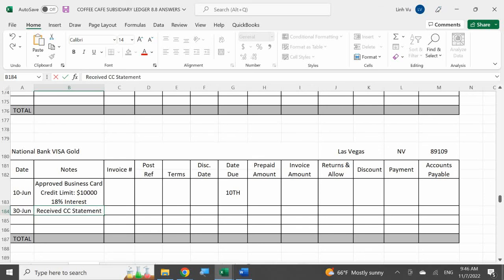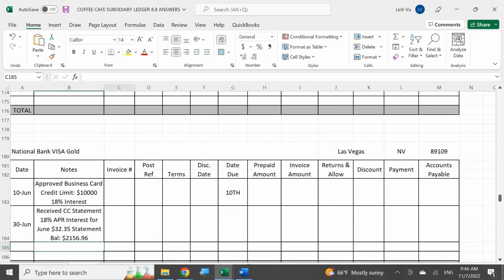okay? And you got 18% APR interest for June, which was $32.35. And then you're going to say our current balance, or statement balance, was $2,156.96.